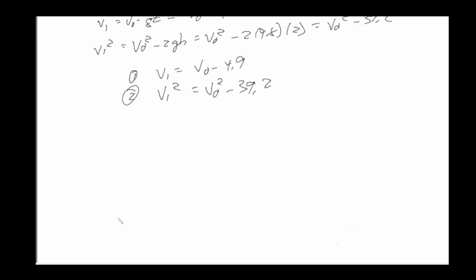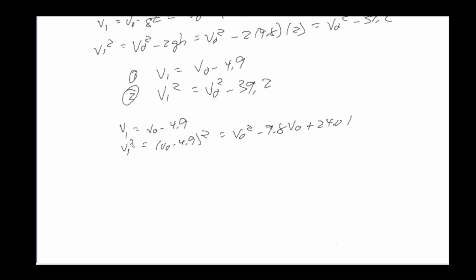Now we want to solve for v0 and eliminate v1. Take equation 1: v1 is equal to v0 minus 4.9, and if we square that, we get (v0 minus 4.9) squared, which becomes v0 squared minus 9.8 v0 plus 24.01.